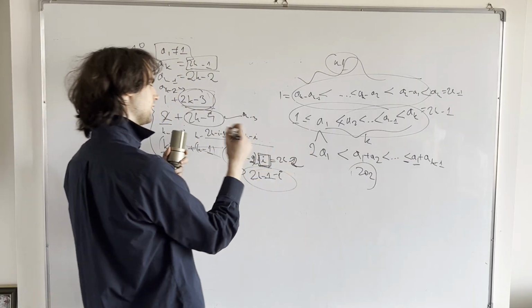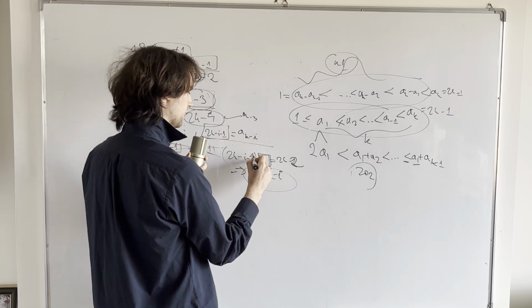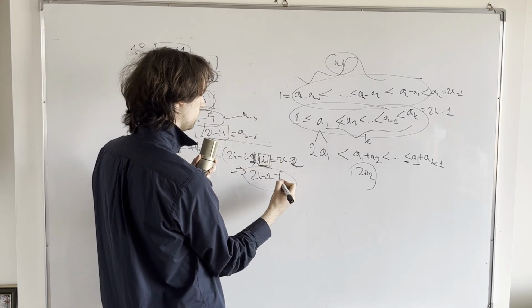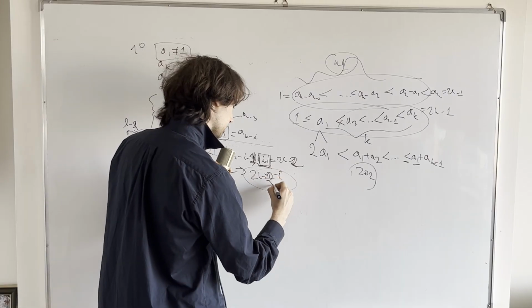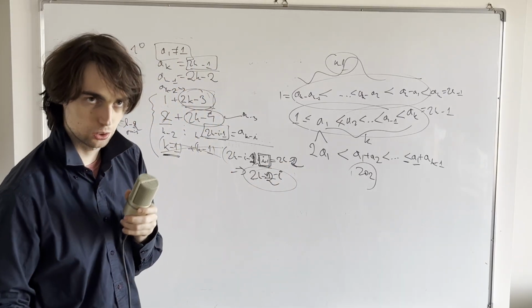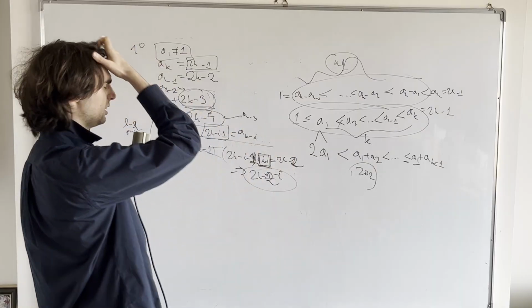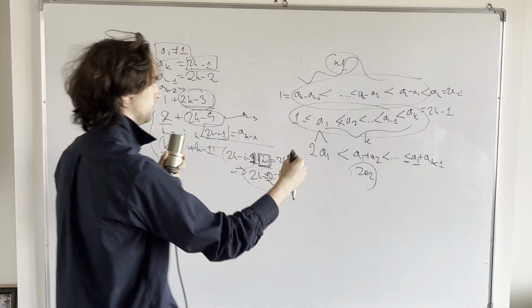Actually a mistake again, I should have put minus 1 here, and here I need i minus 1, and then we have 2k minus i minus 2. And so we'd have all the numbers, and this would go sort of inductively.